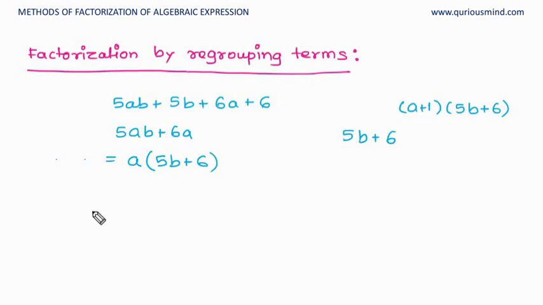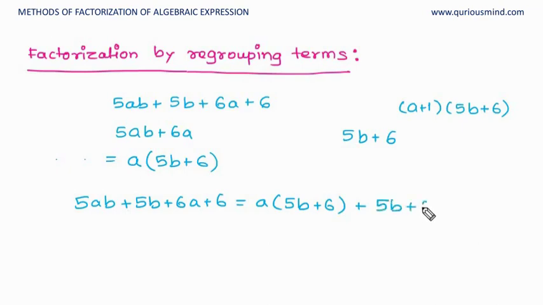Here, is there anything common? Nothing common. So now I will write 5ab plus 6a as a into 5b plus 6, and for this it will be plus 5b plus 6. Now I see 5b plus 6 as common here and here.